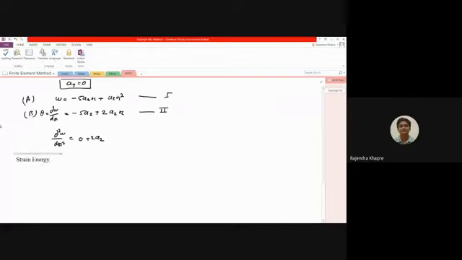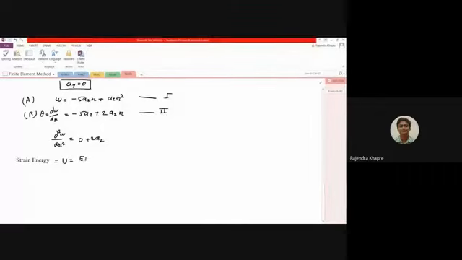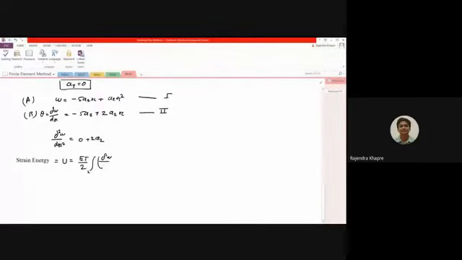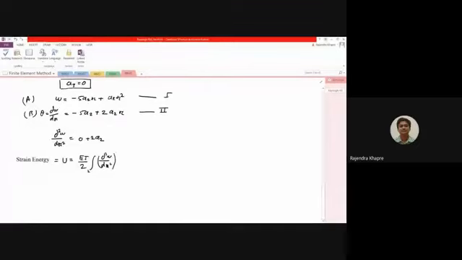Okay, so now let us do the calculation for the strain energy, which can be written as capital U over here. This is something like EI divided by 2 integration over the length, we have d square w by dx square whole square into dx.